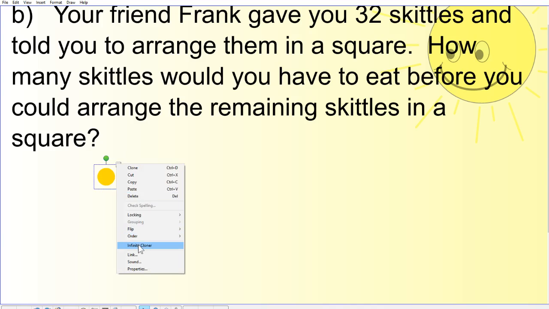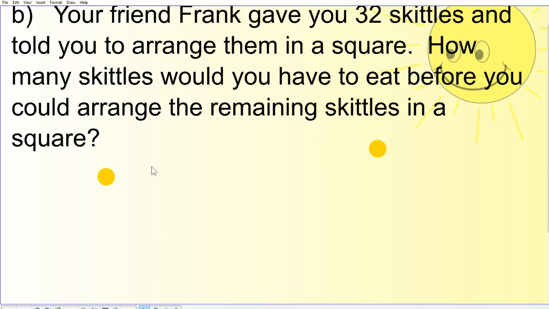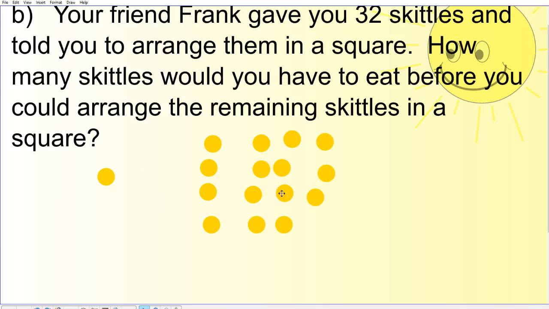Come on. Clone. So I'm going to drag out a bunch of Skittles. There's 1, 2, 3, 4, 5, 6, 7. I guess I should start trying to arrange them into a square now. 8, 9, 10, 11, 12, 13, 14, 15, 16.